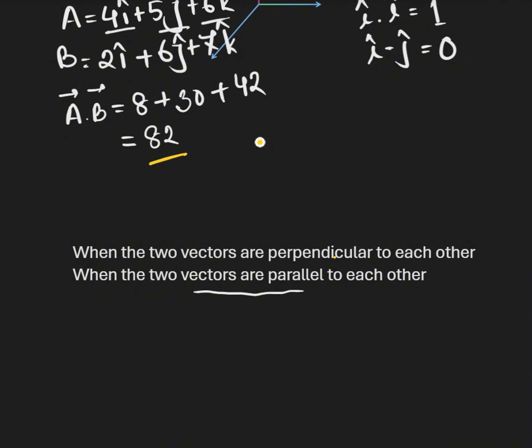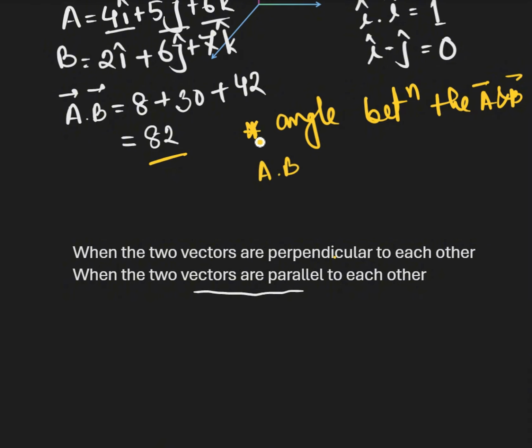Now, if the question asks for the angle between vector A and B, we know the scalar product A dot B equals AB cos alpha. So we have to calculate the value of alpha. Indeed, we also have to calculate the values of A and B, which are nothing but the magnitudes.